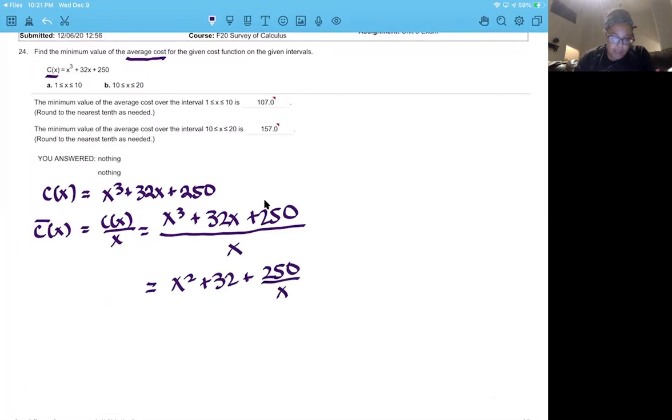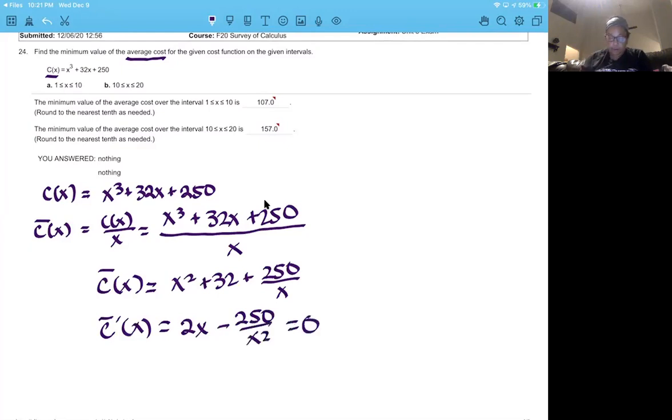So let's go ahead and take the derivative. And I get 2x minus 250 over x squared. We're going to set that equal to 0. And I get 2x equals 250 over x squared.